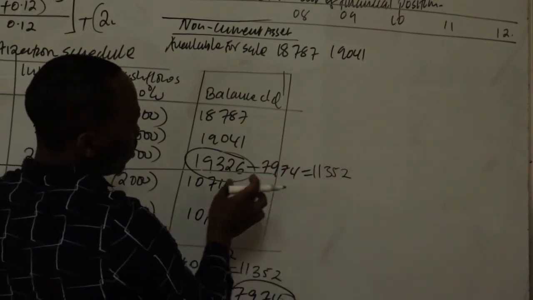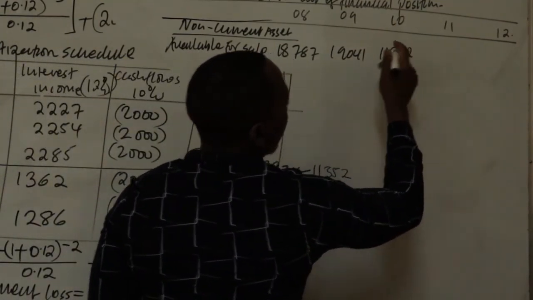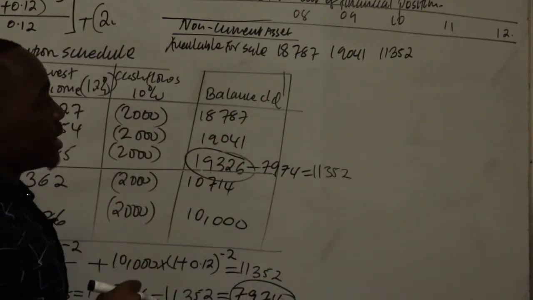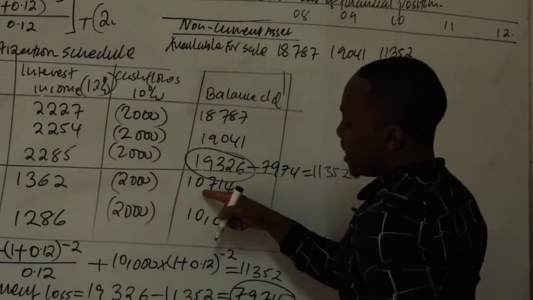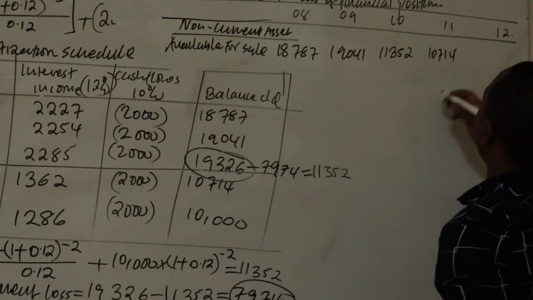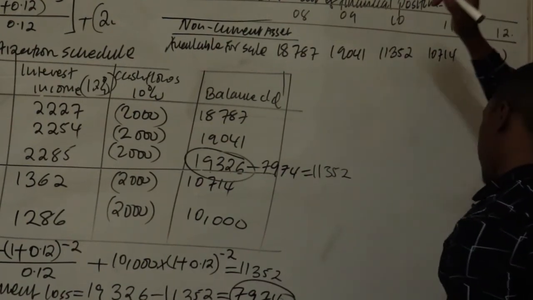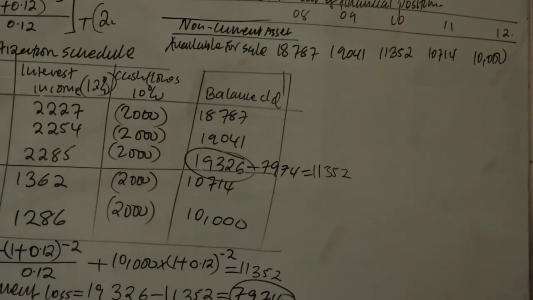So 2010 will not show 19. You'll show now 11,352, after taking into consideration the impairment. Then 2011, we just continue. 2011, we had 10,714. And there we have 10,000. So that's how you present that question.